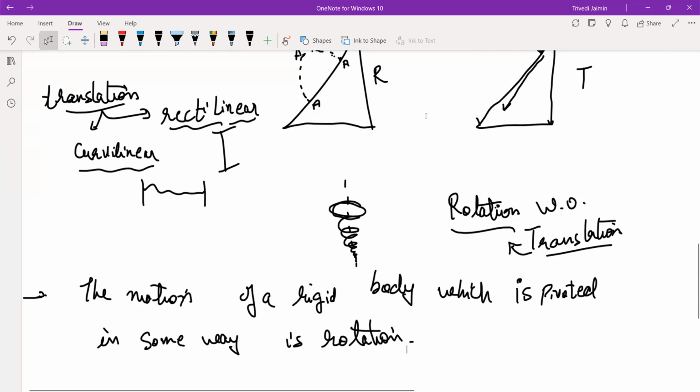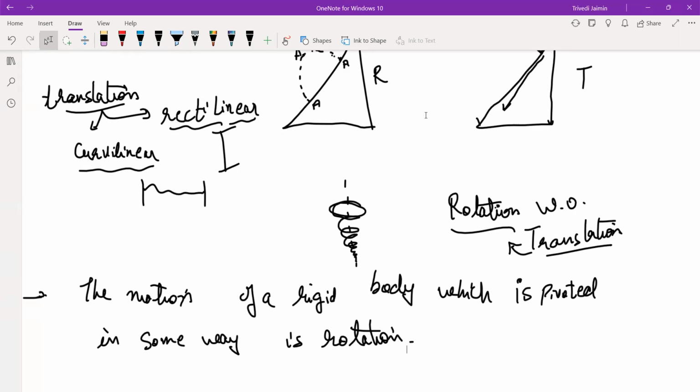Some way or other way, it is called rotation. Like when you are opening your door, just put your pencil with your door and open it and close it. You'll get some semicircle or part of a circle.